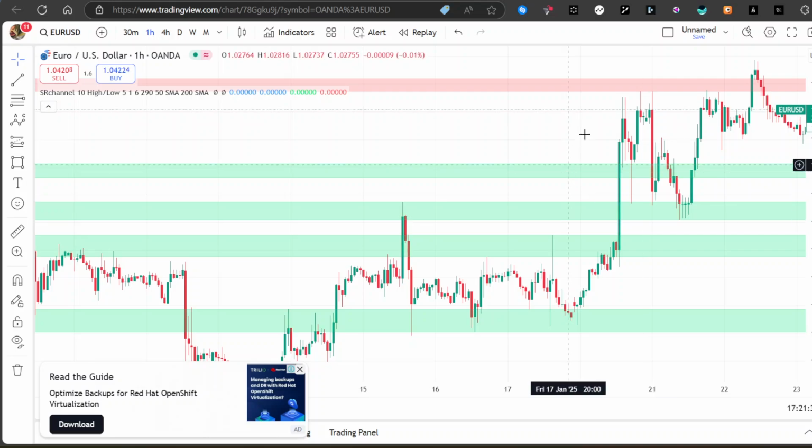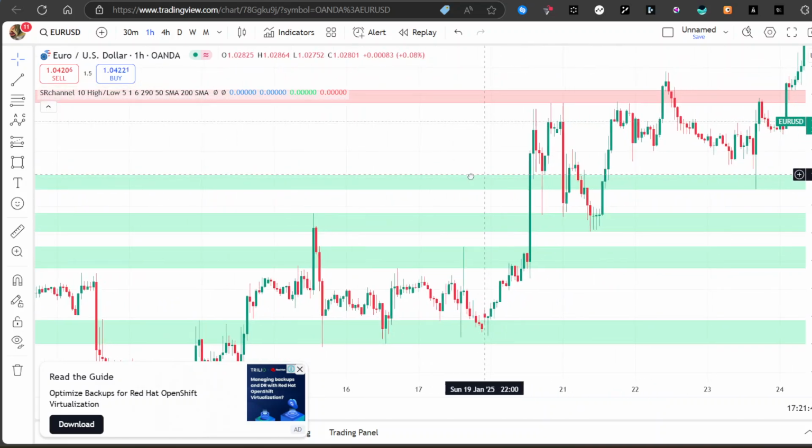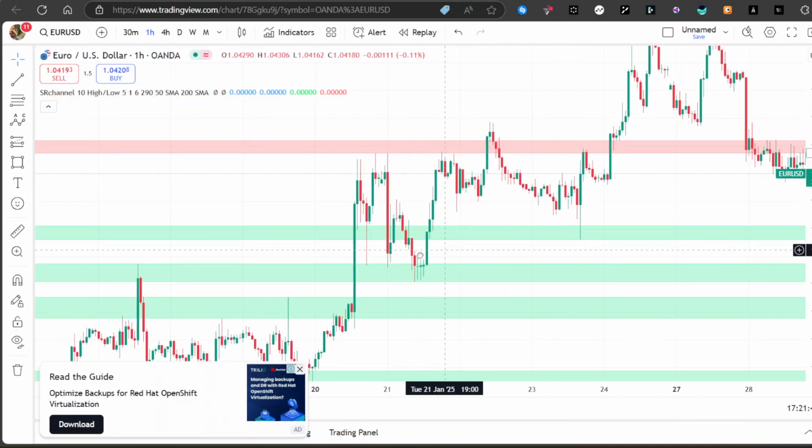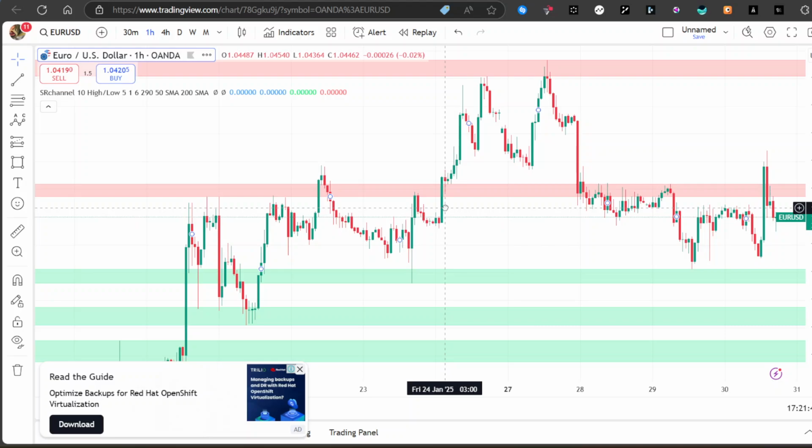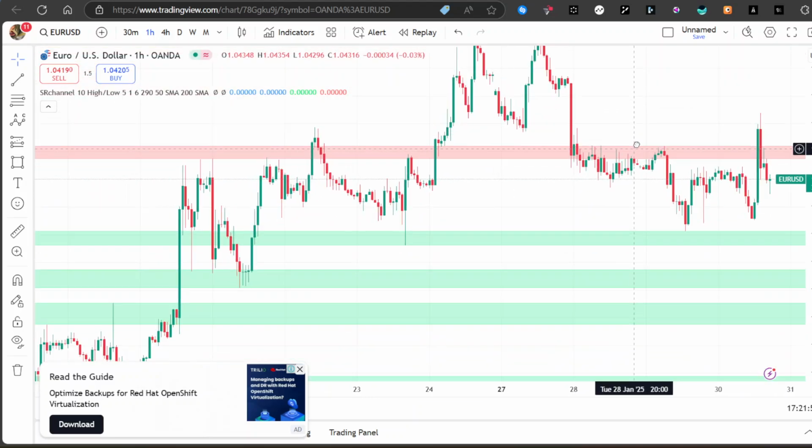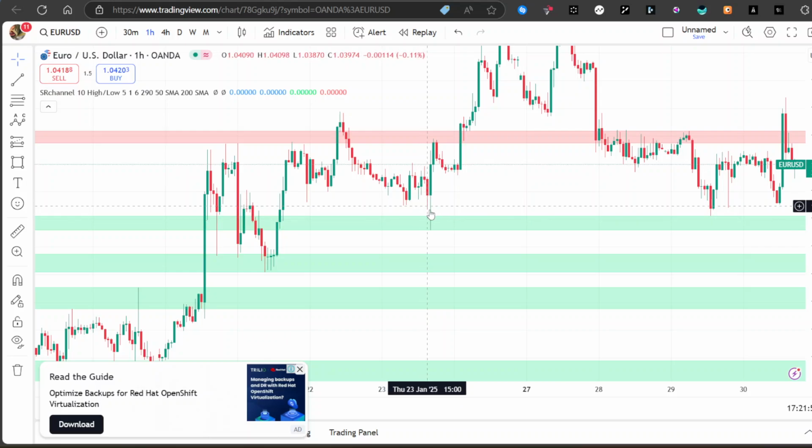So how do we use the support and resistance indicator to make better trades? The first is spotting entry and exit points. The most straightforward way to use the indicator is to look for areas where price is likely to reverse. If price is approaching a support level, for example, and you see a strong bullish reversal candlestick pattern, like we can see what happened here, that's a potential buy signal.